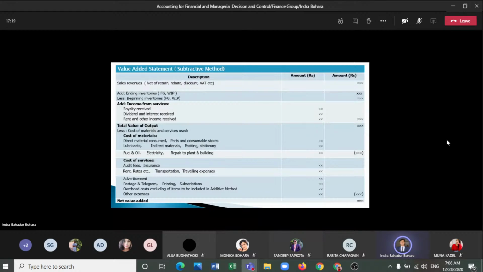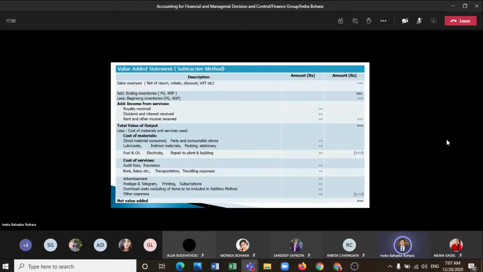The 2,000 is the additional amount added by the company over the cost of material and service, and that is called value added.